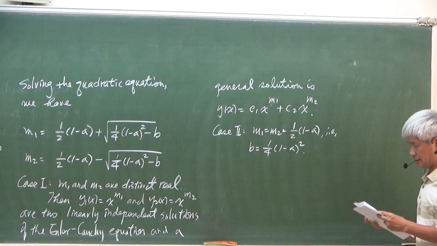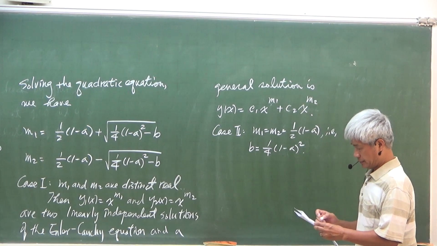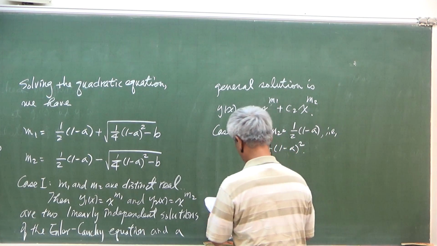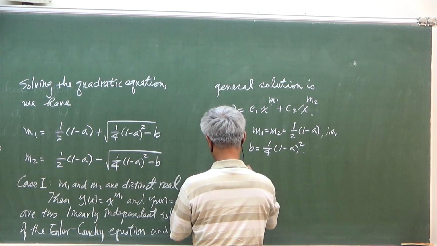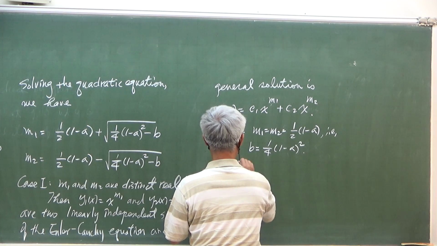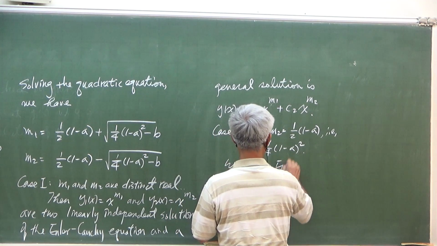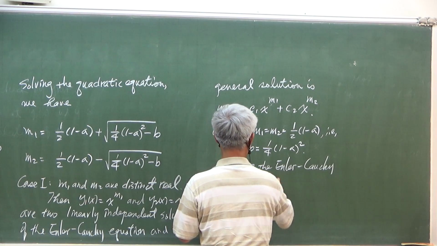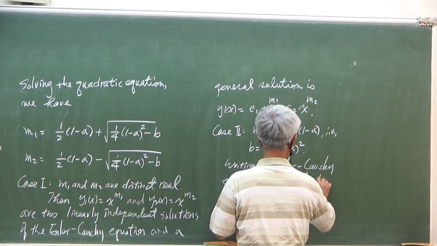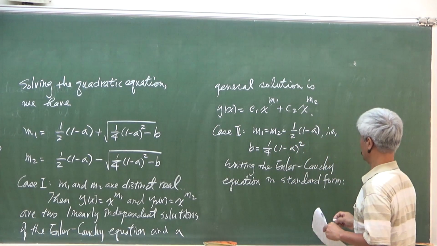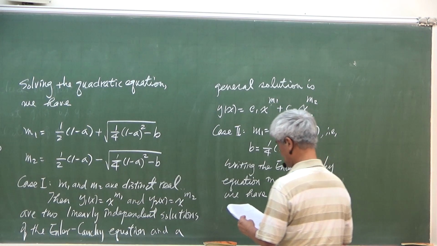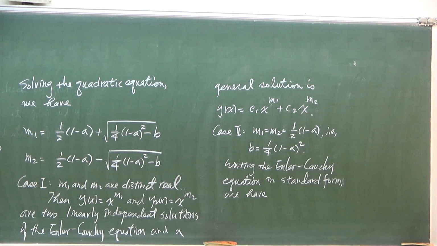In this case, first of all, we write the Euler-Cauchy equation in standard form, so we have to divide the equation by x squared.